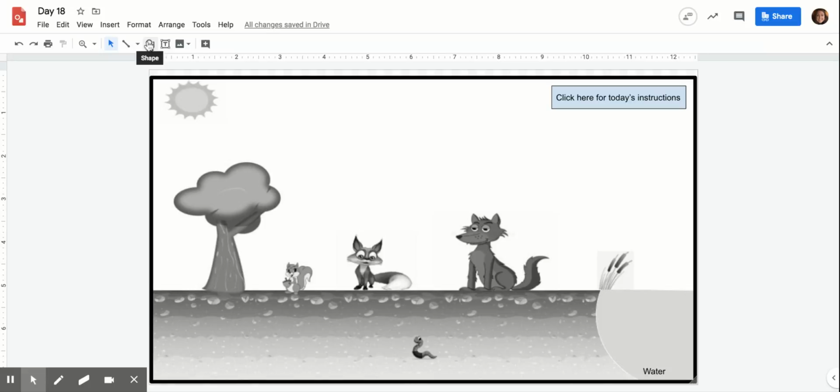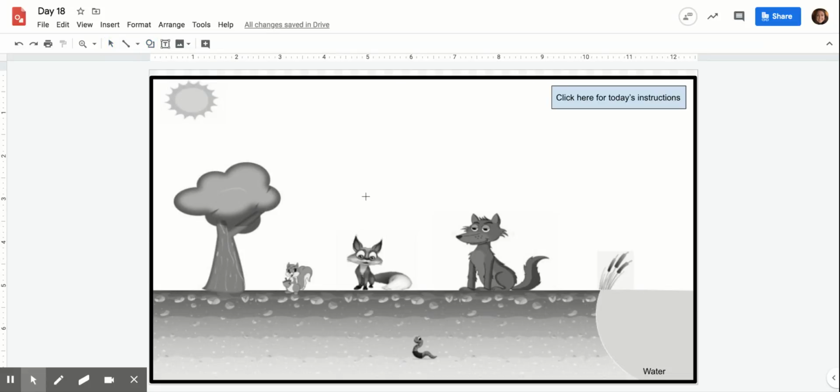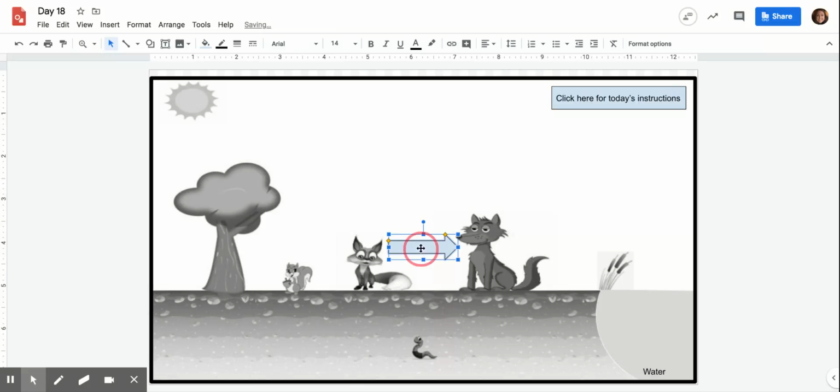And how you'll do that is you can use the arrows here, or you can use the arrows here. I like the kind of shapy arrows like this. And I'm going to give you an example here that you can go ahead and put on your own diagram if you want to. So I always draw my arrow in the direction that the carbon is moving. So in this case, this bigger animal, let's say, consumes this animal.